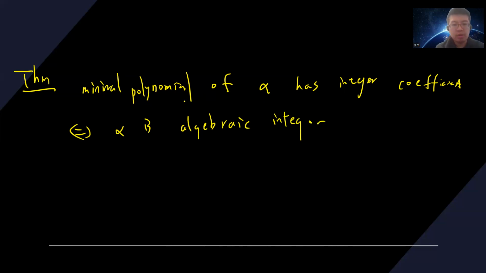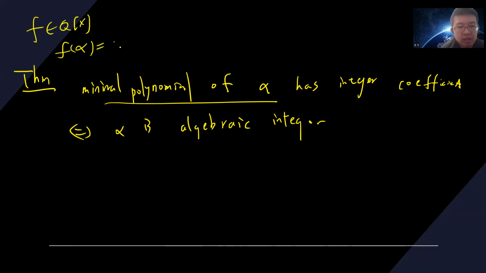The minimum polynomial of alpha basically is the f belongs to Q[x], such that f(alpha) is 0, and you need to choose f to be of the smallest degree. And you can assume f to be monic. You can see this proof, right?